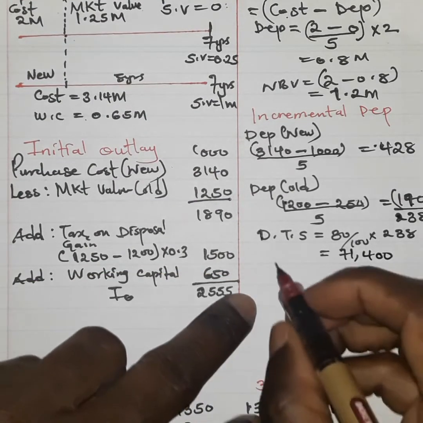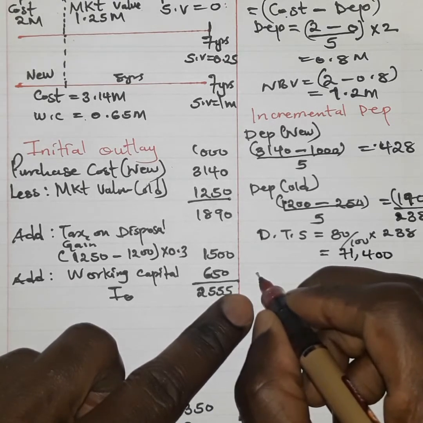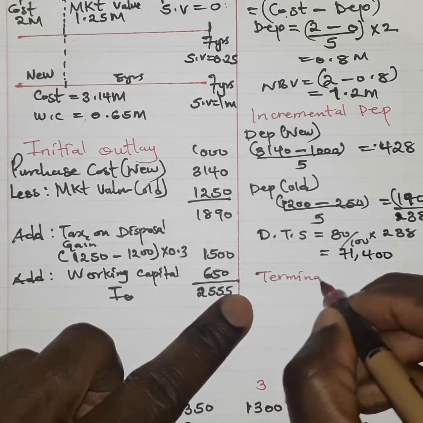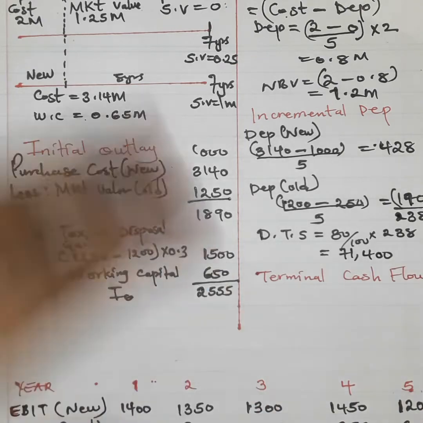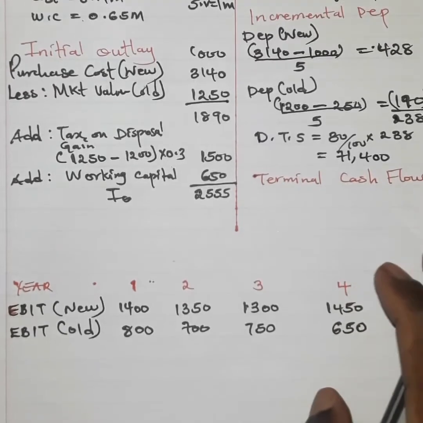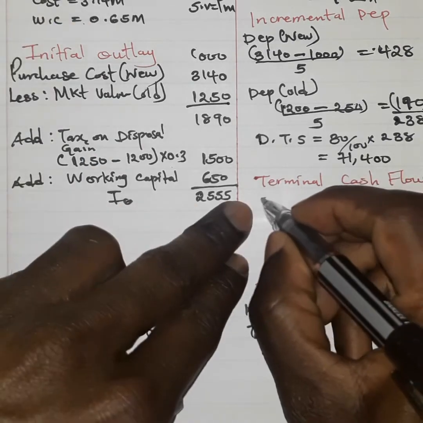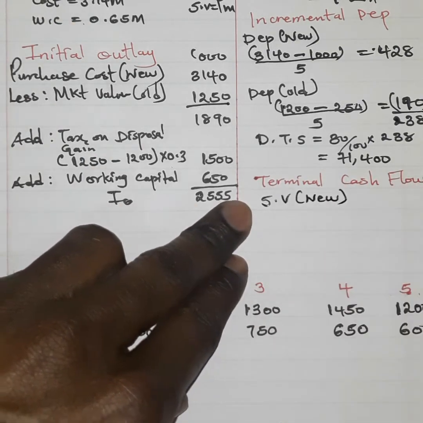Then thirdly, we get what is known as the terminal cash flows. Now, terminal cash flows, we are going to factor in the salvage values of the old machine and the salvage value of the new machine.